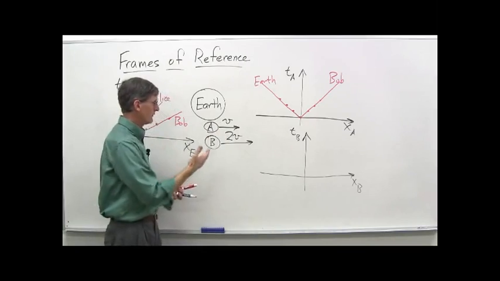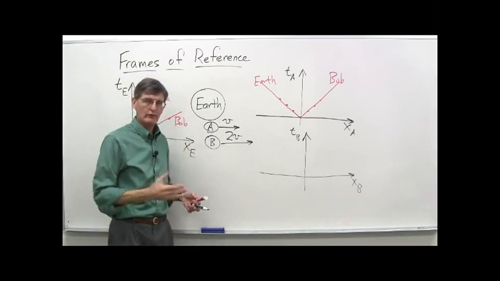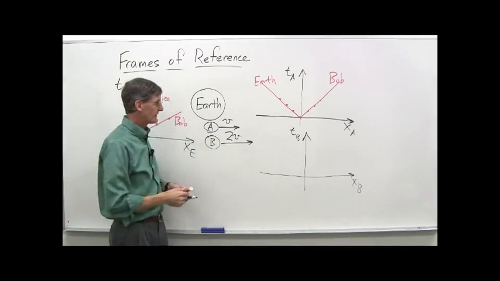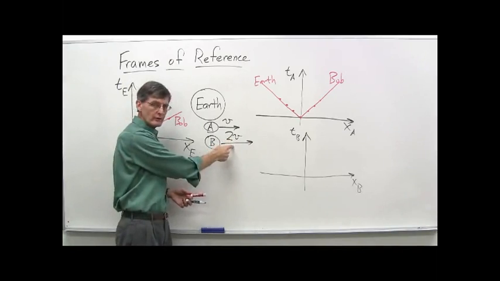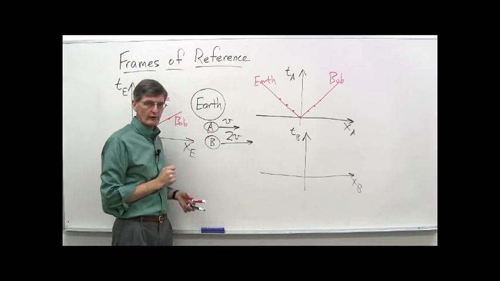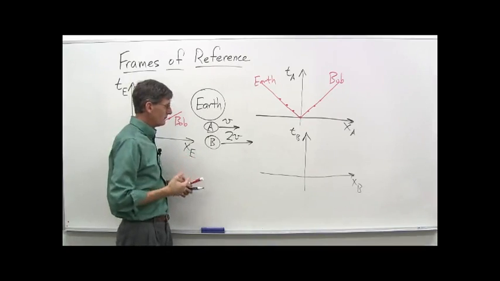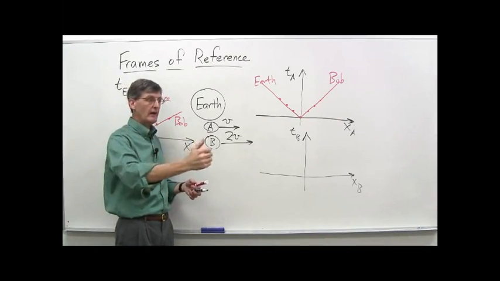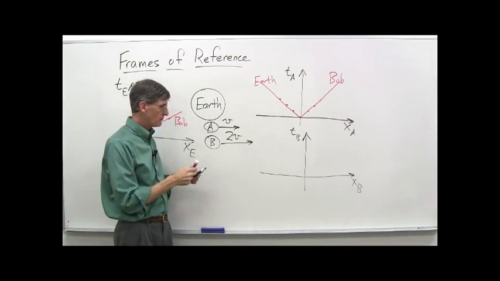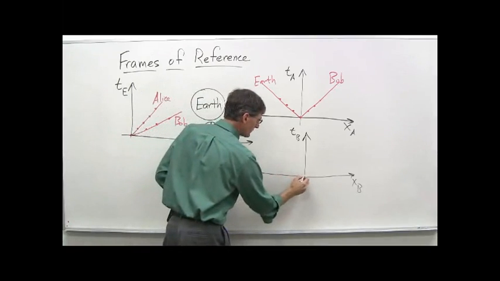So again, maybe if Earth is going, we'll use for our example here, very ridiculously small velocity, say 30 meters per second. So if Bob is going 30 meters per second, Alice is going 15 meters per second. So he'll see Earth going backwards at 30 meters per second and Alice going backwards at 15 meters per second, and you'll get something like this.